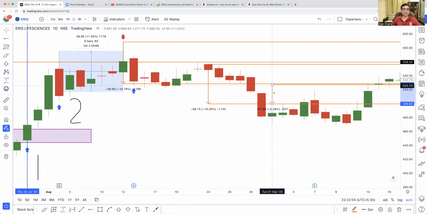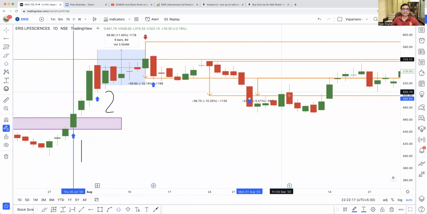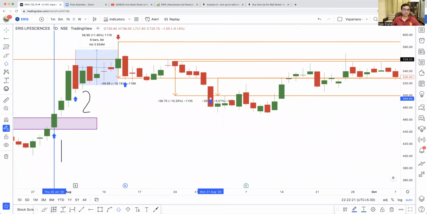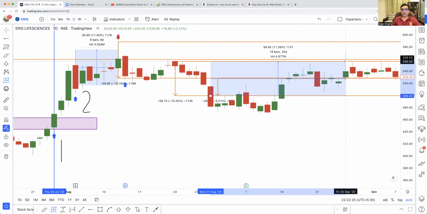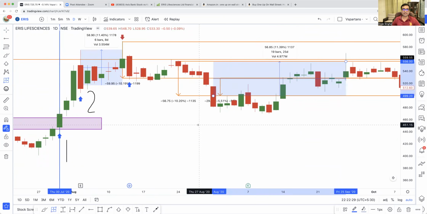And we can see this is lower by almost 5.28%, 5.5%. So the second was taken here now. And all these trades will have respective targets. So this third trade's target was achieved here, 25 days, 11% gain.